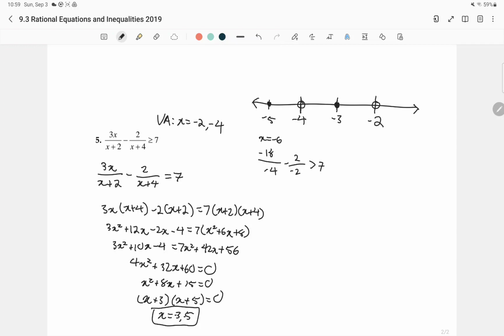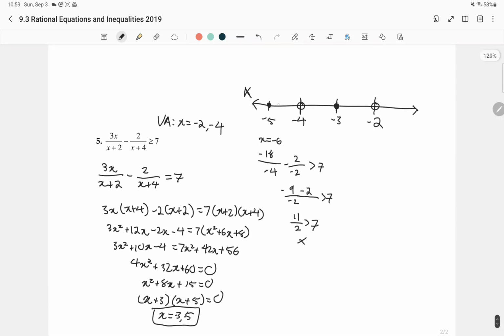Well, let's see. We have -9 over -2. It's a -2 here. Greater than 7. 11 over 2 is not greater than 7. This does not work. So these values out here, we do not need to worry about. What about between these two? So we have x equals -4.5.